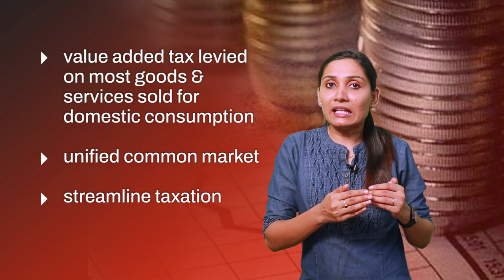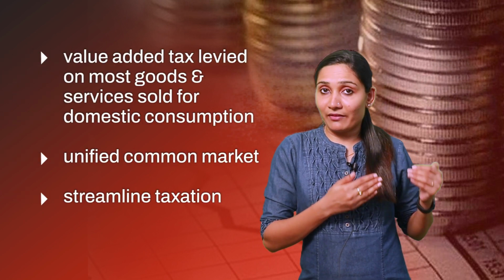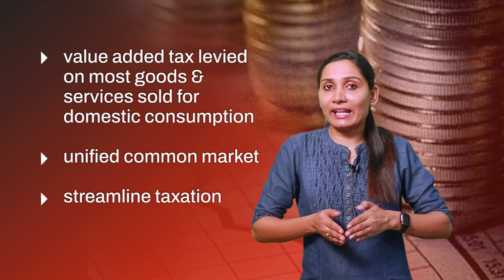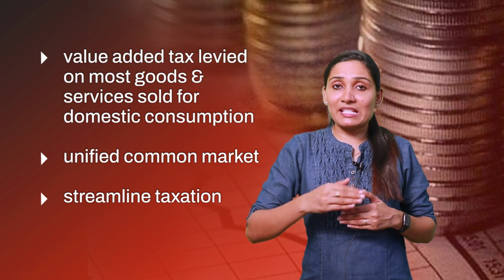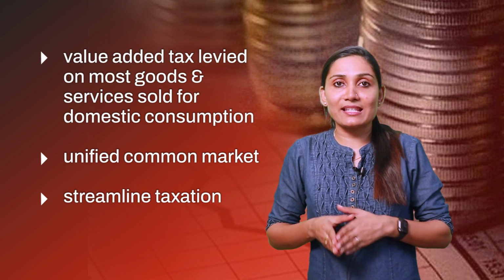GST has replaced a lot of indirect taxes that existed before the GST regime to create a single taxation system in the country. For example, there was service tax, sales tax, luxury tax, a lot of indirect taxes existed before. But GST has replaced all of them to create one single taxation system in India.